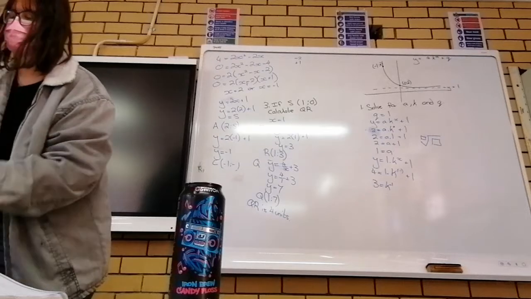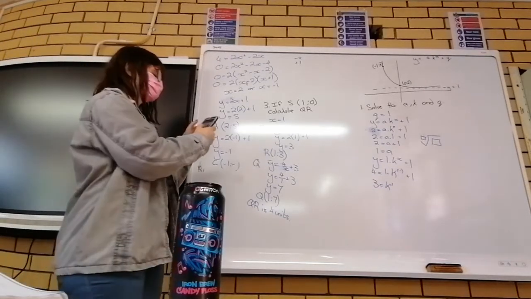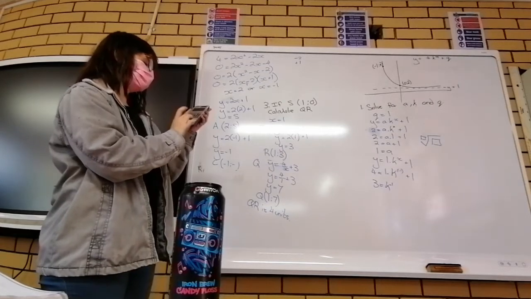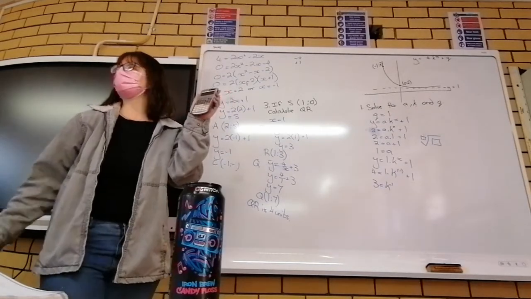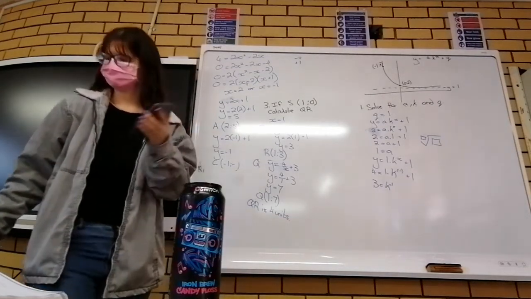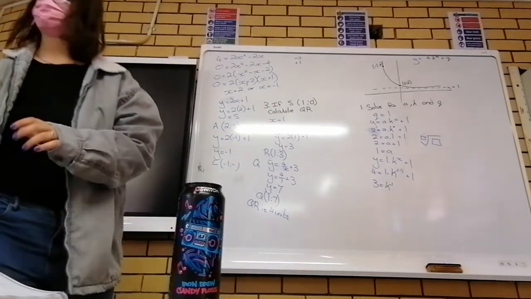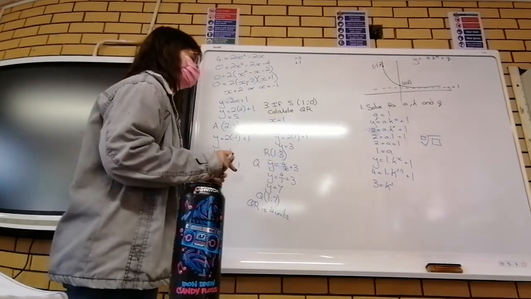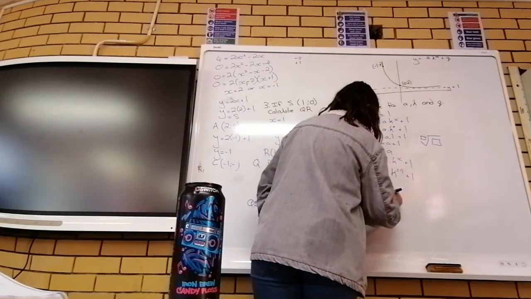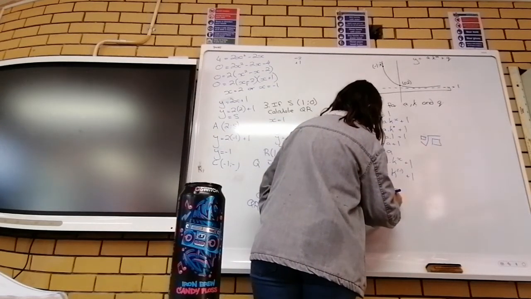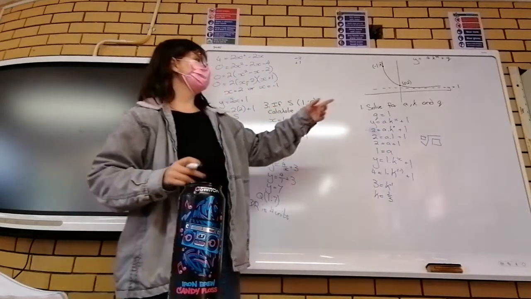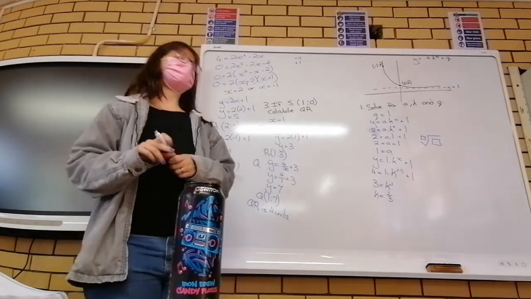You press shift, and you get that, and then you say minus 1, and you put in 3. It gives you your answer of 1/3. Do you see how I did that? Yeah. So y is equal to a third to the x. So k is equal to 1/3.